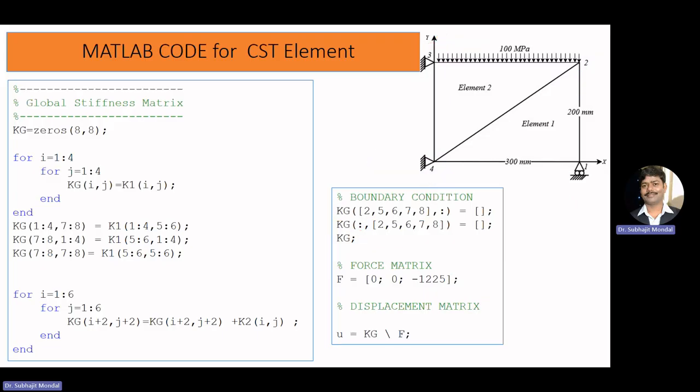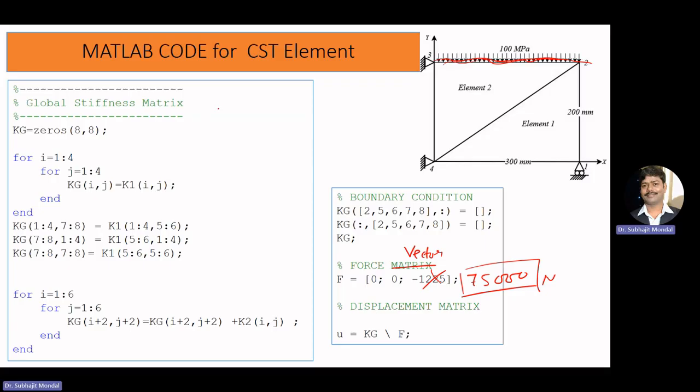Okay, let us discuss the force vector. So here it should be the force vector, and please make a correction here. This would be 75,000 Newton. This value is coming from this applied pressure.